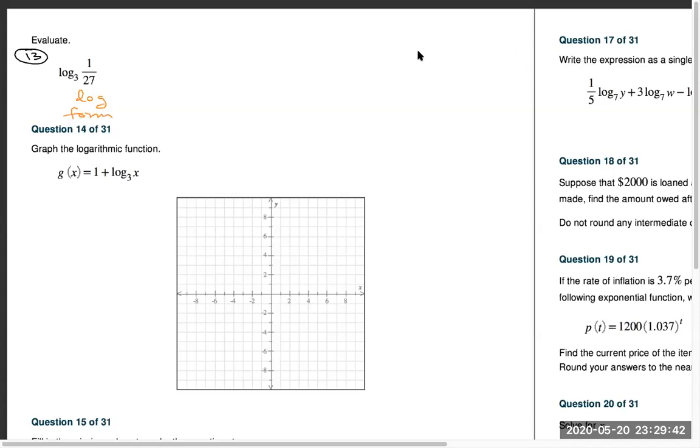So what you can do is just set this equal to any value you want, like any variable you want. I'm going to set it equal to x, just to keep the same form that we've had so far. To form a log equation.